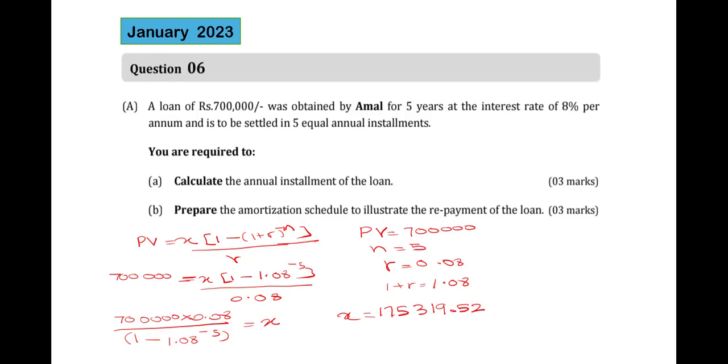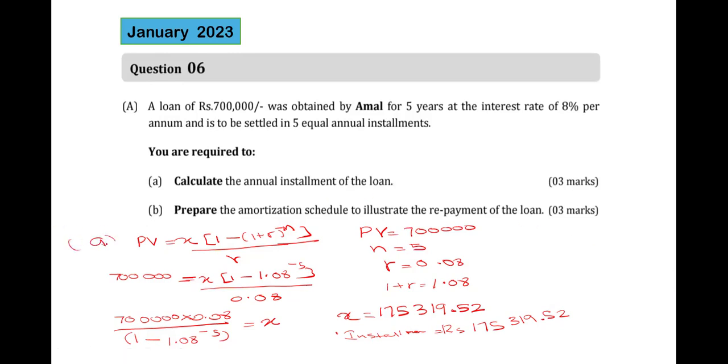If we take 2 decimals, then this is the answer. Then installment equals rupees 175,319.52. Right. This is the part A.